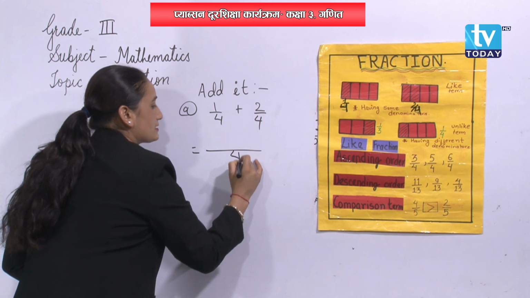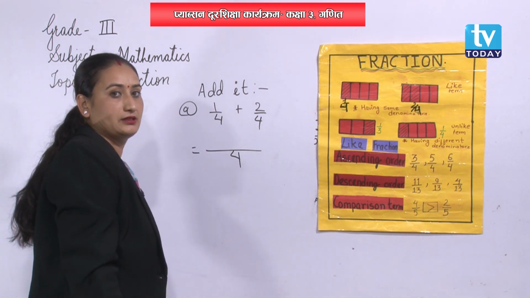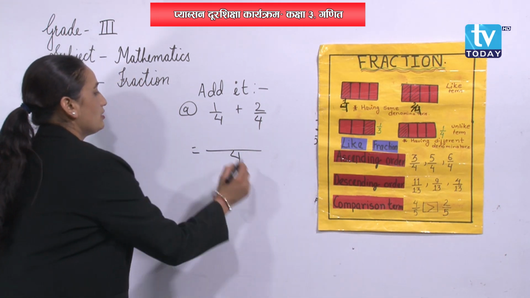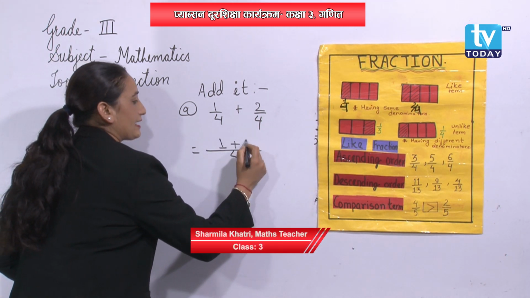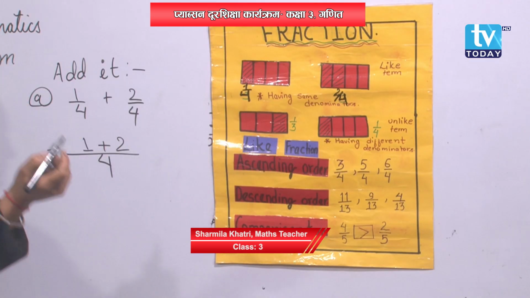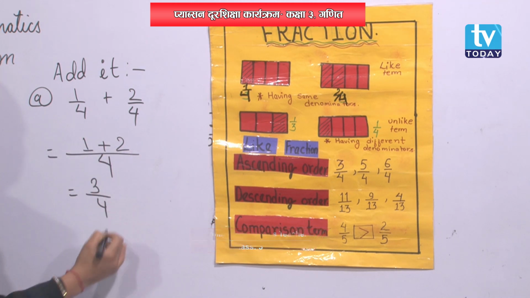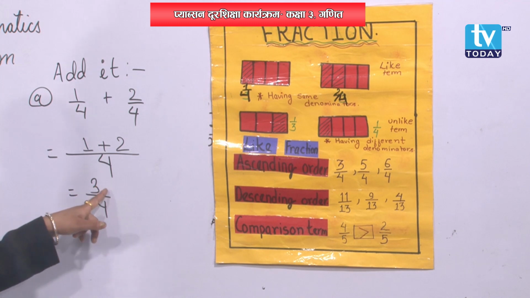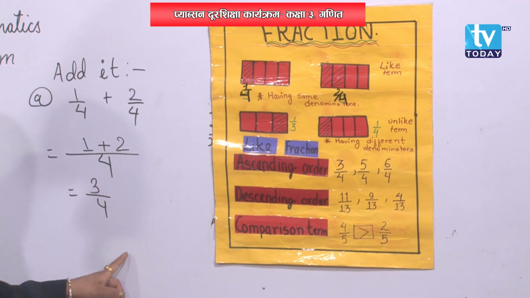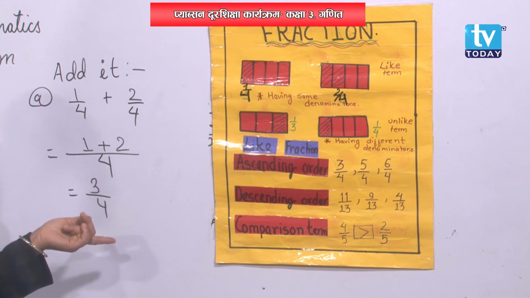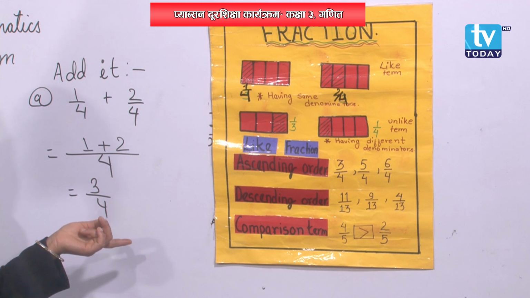So, out of 4, write down only one single denominator. Out of 4, 1 is eaten before and 2 after, right? 2 plus 1, it will be 3. Total number of pizza parts I have taken is 3 out of 4. That's the addition, right?